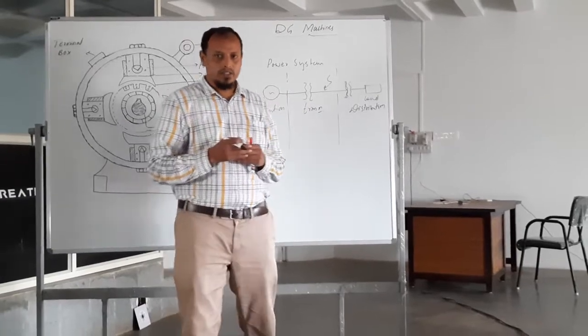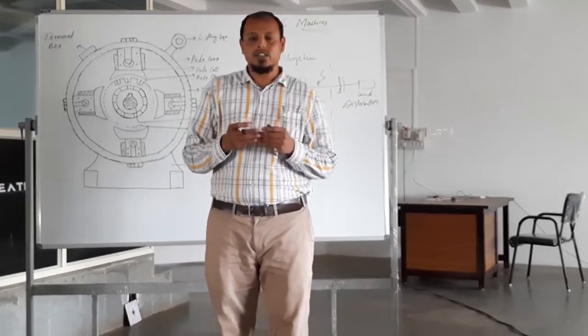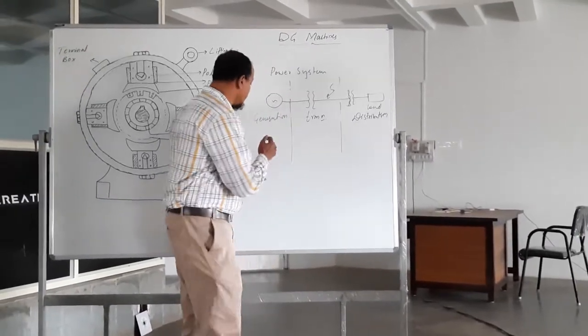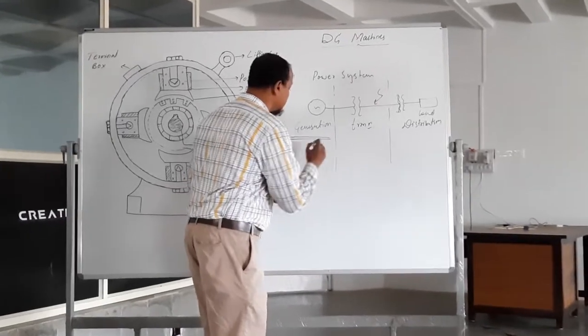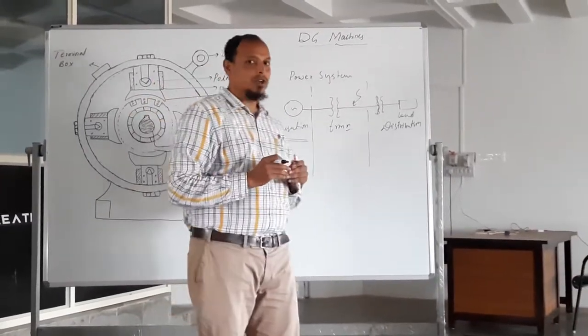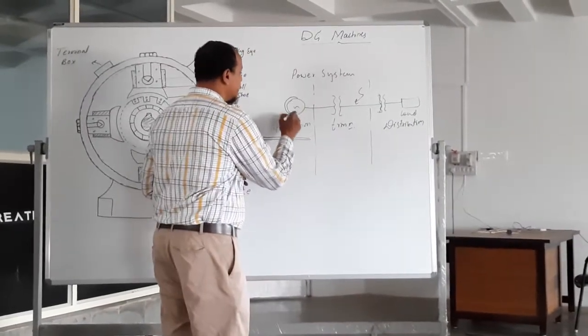According to that, we need to know its construction and how it is helpful. In this diagram, the application is to convert mechanical energy into electrical energy, so with the different sources we need generators.